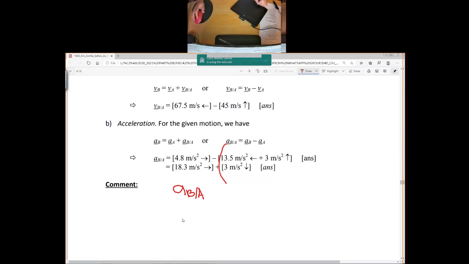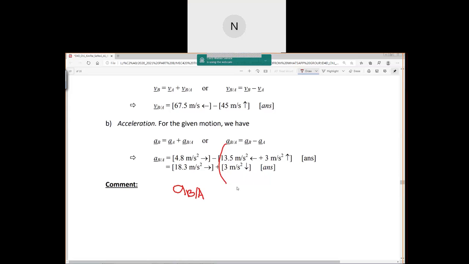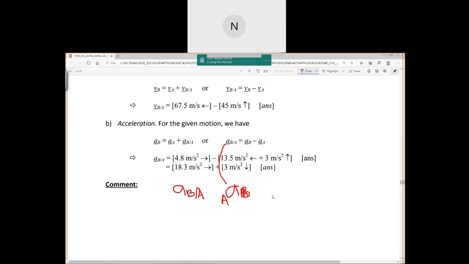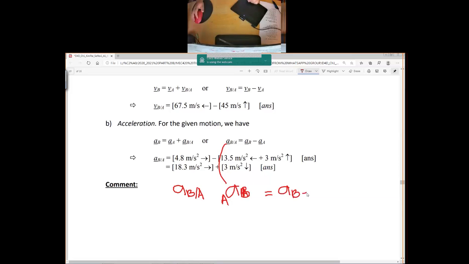A. B relative to A, or you can write B in front, A at the back. This equals, but here you also have AB.